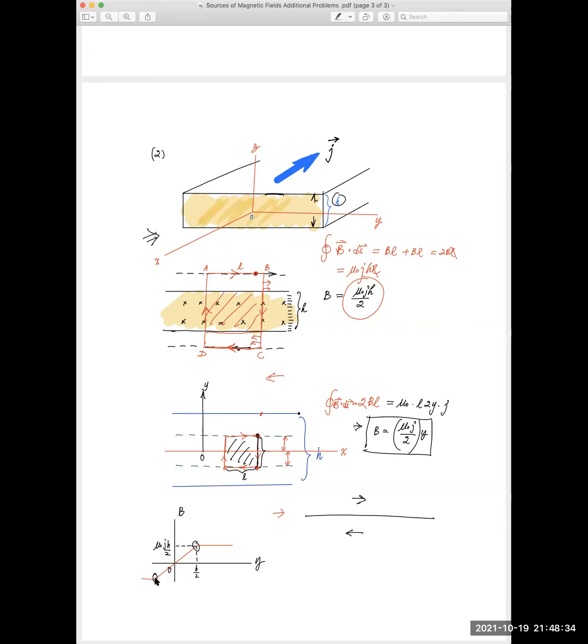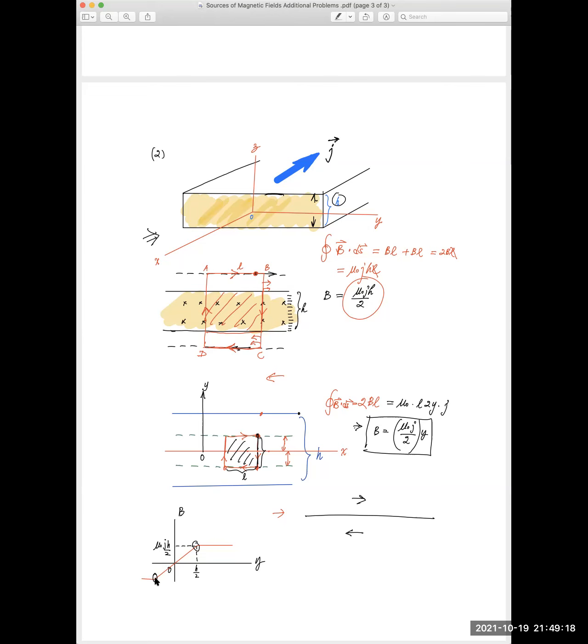The B field cannot jump suddenly, and the reason is that the only time B can jump suddenly is when you cross a two-dimensional sheet of current. Just as when you cross a two-dimensional sheet of charge, you'll find that the electric field jumps. Here, in this slab, there is no sheet of charge because you didn't press the slab into an infinitely thin sheet. Rather, it's a finite thickness. So there is no two-dimensional current distribution. So therefore, the B field cannot change abruptly.